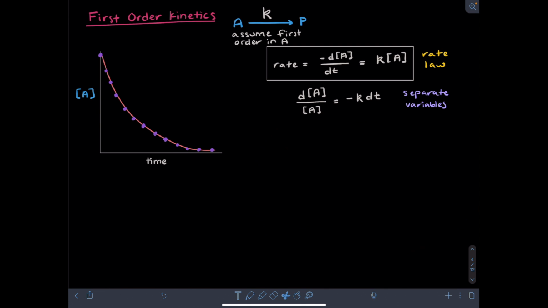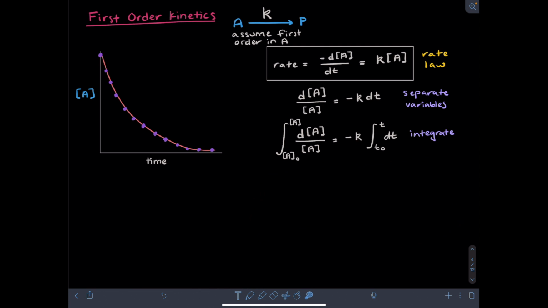Now that I have all of my concentration terms on the left and time terms on the right, I'm ready to integrate. I integrate my concentration side, dA over A, from the concentration of A at time 0 to the concentration of A at time t.